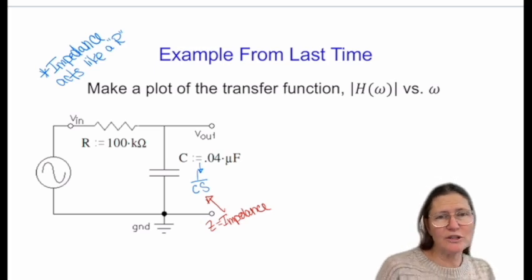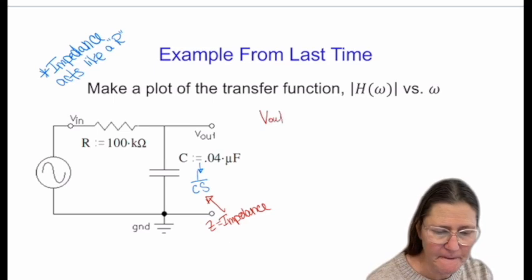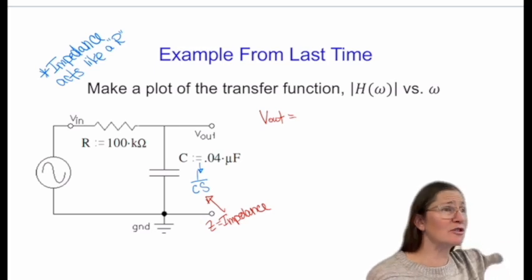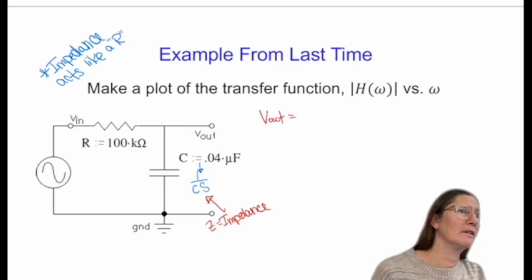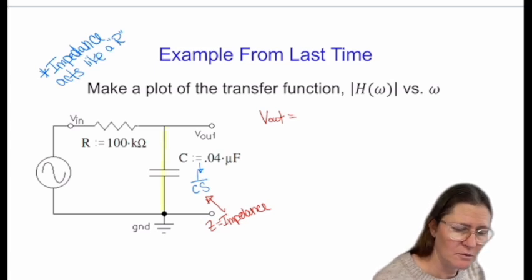Okay, so how would we solve this circuit to get an equation for V out here? If that element of a capacitor is a resistor, do you guys recognize this circuit? We want to find the voltage across this, right?